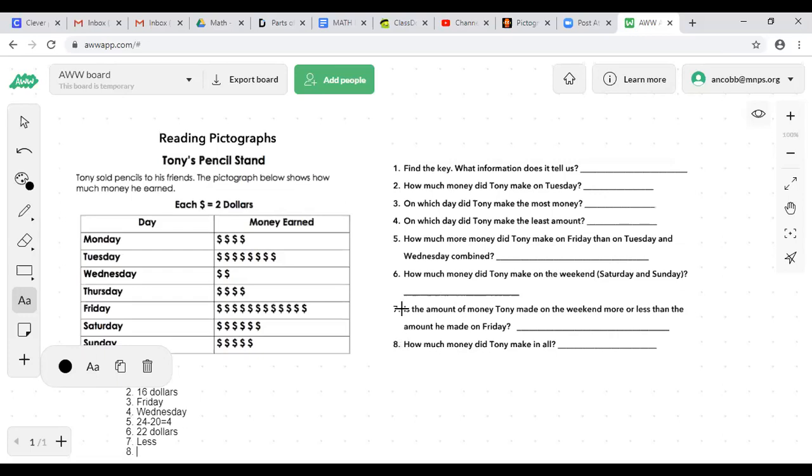So we're going to skip count by twos from Monday all the way to Sunday. 2, 4, 6, 8, 10, 12, 14, 16, 18, 20, 22, 24, 26, 28, 30, 32, 34, 36, 38, 40, 42, 44, 46, 48, 50, 52, 54, 56, 58, 60, 62, 64, 66, 68, 70, 72, 74, 76, 78, 80, 82. So he made $82 in total.